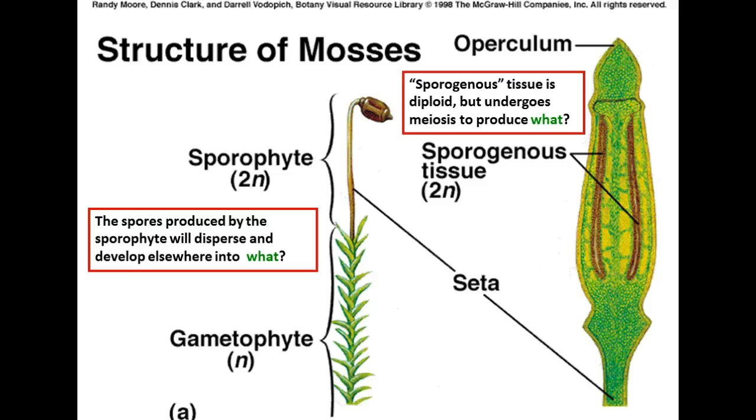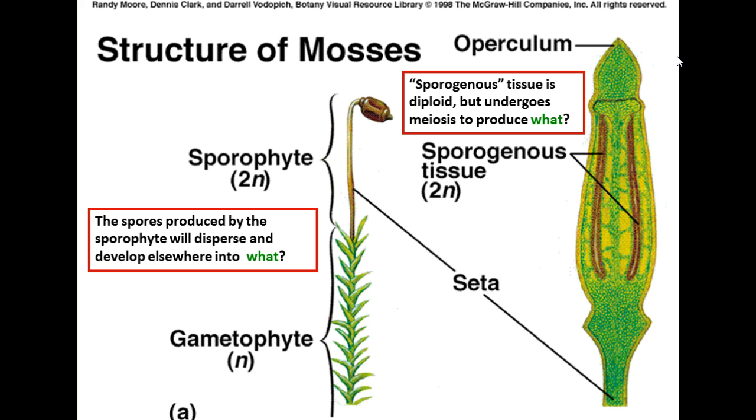What do they develop into? What does the little moss spore grow into initially? It's the gametophyte, but the very first stage is the protonema, right? So protonema, and then the sporogenous tissue here is diploid, but it undergoes meiosis to produce what?